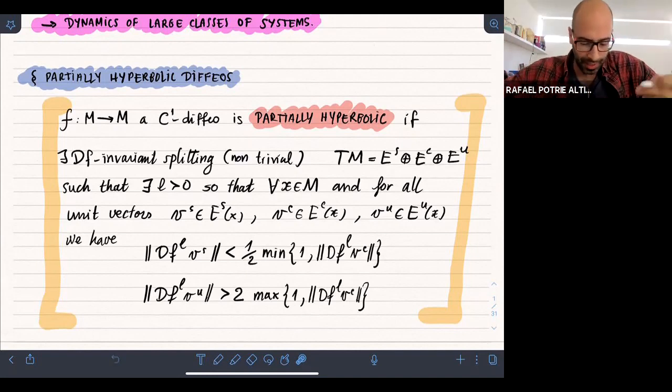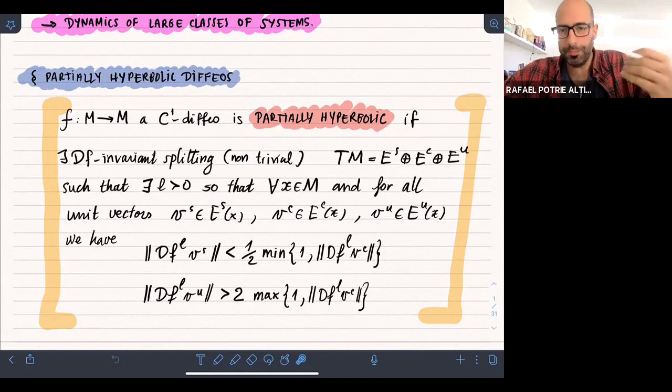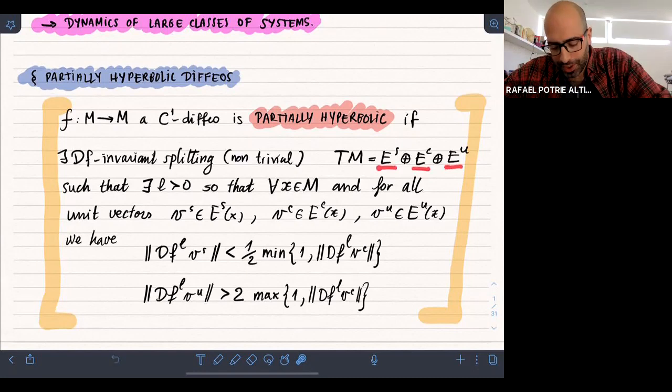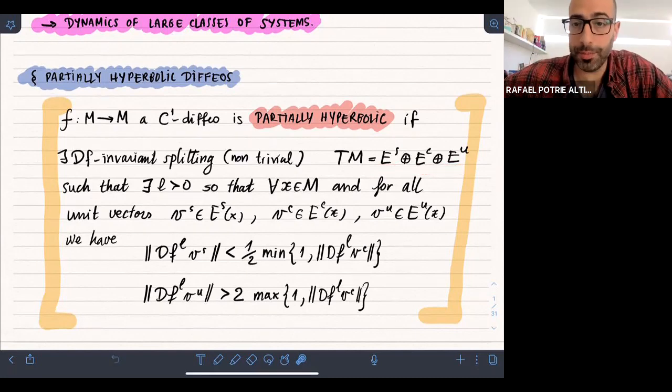Okay, and later we will be way more restrictive and work in dimension 3, where all these three bundles will be exactly one-dimensional. And so then you can expect to use at least some basic facts about one-dimensional dynamics to understand the systems.